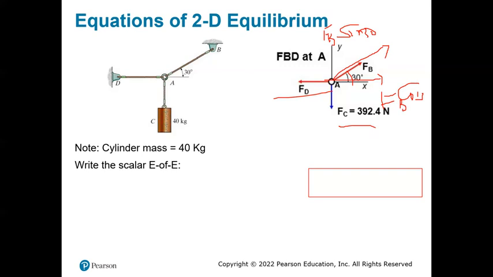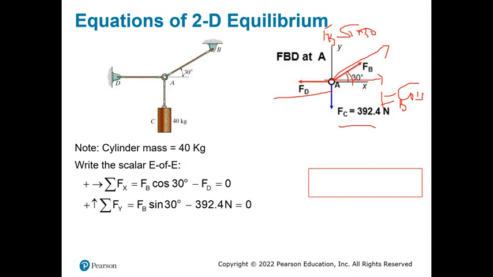Perfect. So now I'll be writing my equations of equilibrium. First in the horizontal direction, I have FB cos 30 and then minus FD in the opposite direction. Then the vertical one, we have FB sin 30 in the positive direction, but FC is in the negative direction. Then I have two equations.